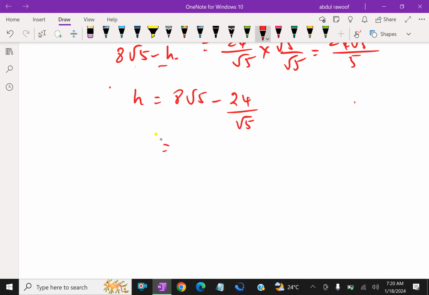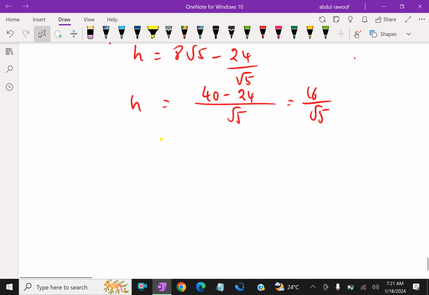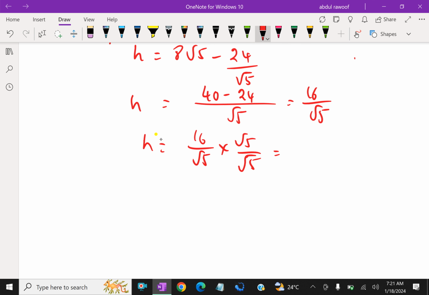Now further, taking root 5 common, it's 40 minus 24, which equals 16 over root 5. Then h equals 16 root 5, and rationalizing, 16 root 5 over 5.